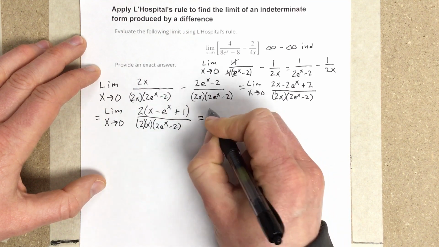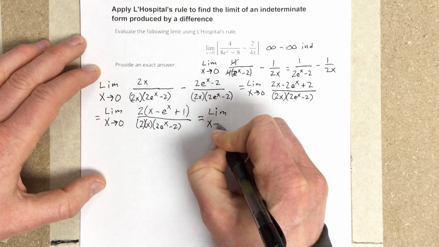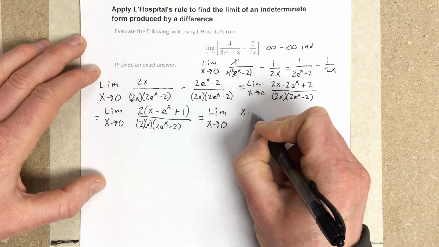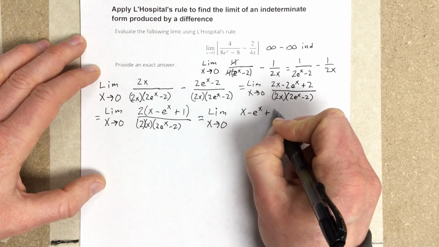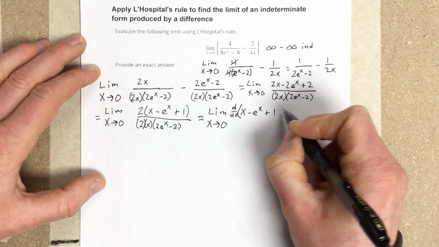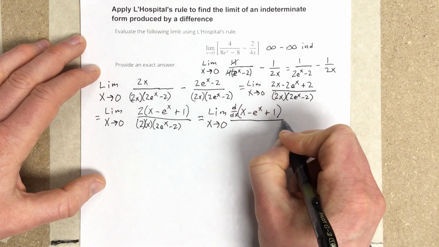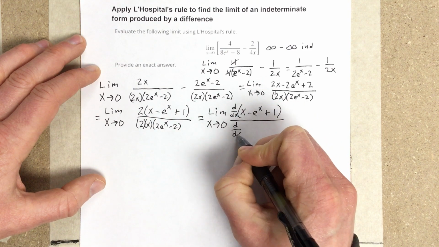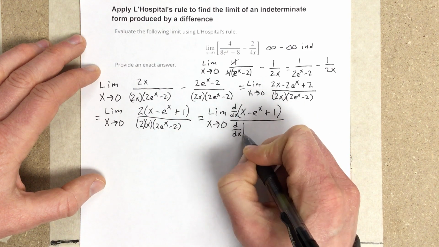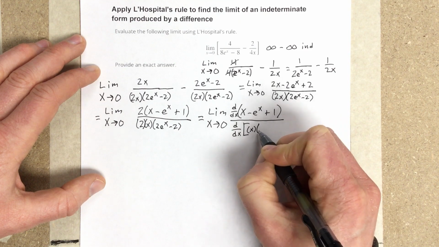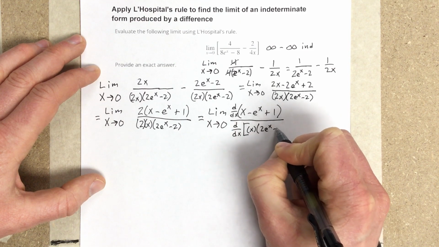The 2's cancel there, so I get the limit as x approaches 0 of x minus e to the x plus 1, over x times 2e to the x minus 2. And I'm going to apply L'Hopital's rule to this, so I'm going to take the derivative of the top over the derivative of the bottom.